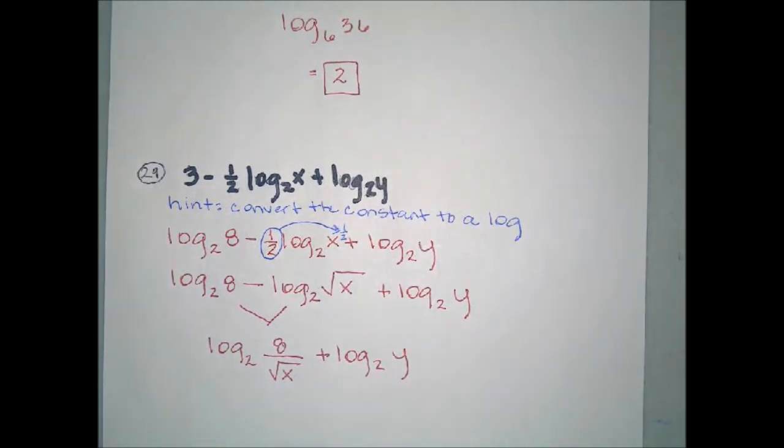Now I have one more step. Now I have to condense these two. Since this is double log addition, then this would be single log multiplication. So the y is going to end up with the 8 on top. So the answer is going to be log base 2 of 8y over square root x.